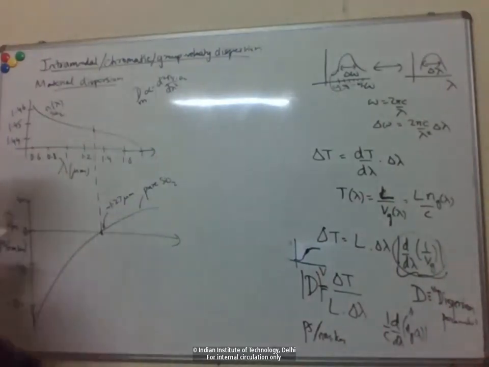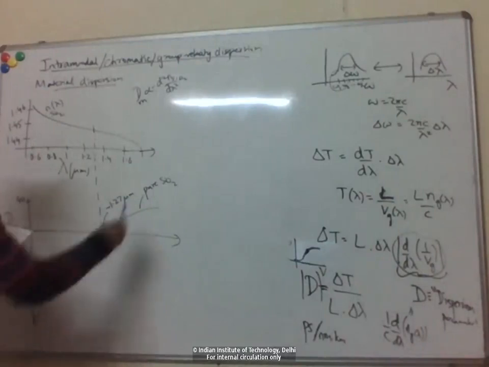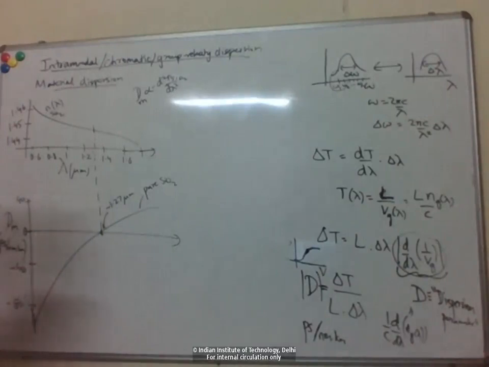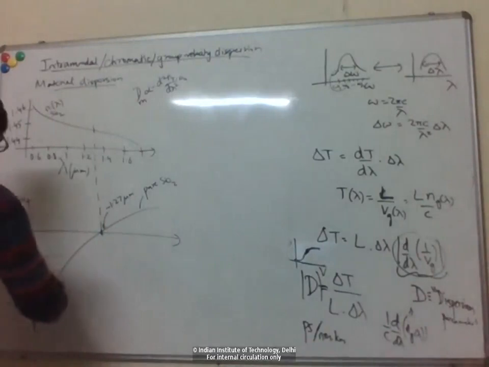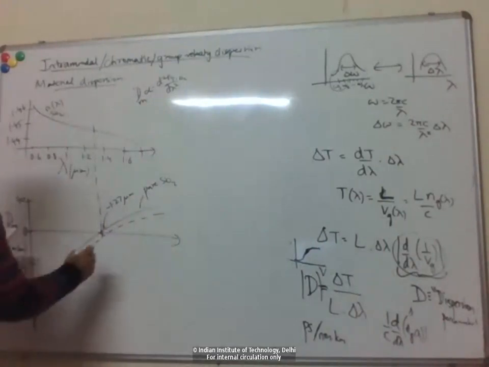So you can vary the profile a little bit by doping it with some other material. Like for example, we dope the core region to make the refractive index slightly different, right? So for example, if you dope it with germania, you can shift this zero crossing point a little bit.